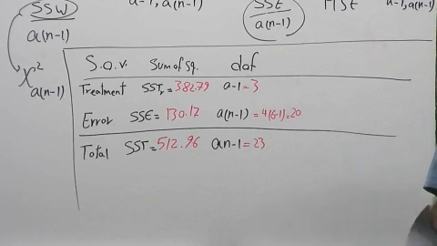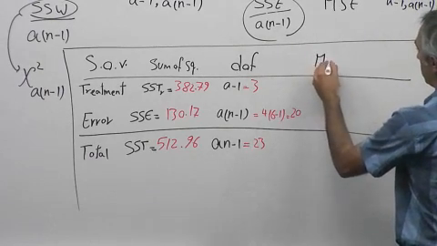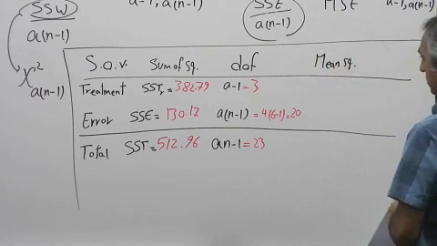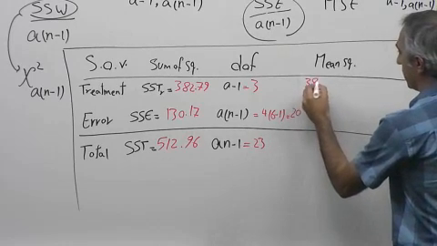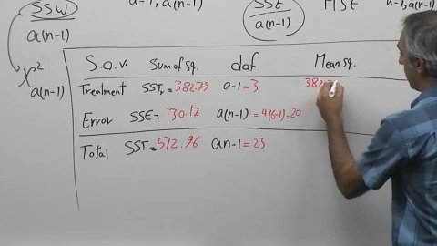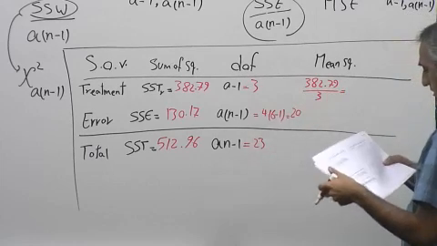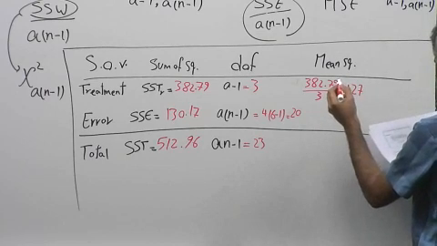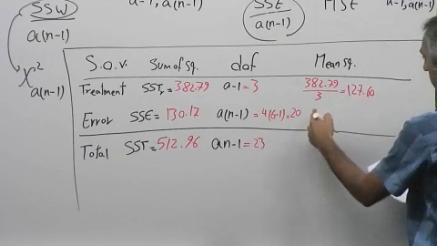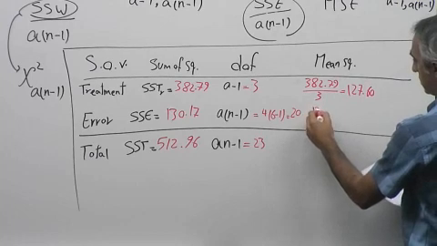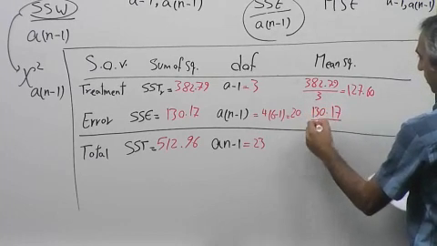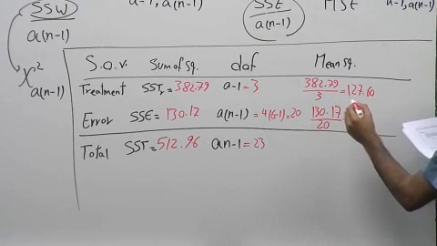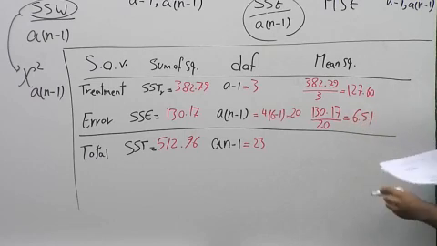So how about mean square? Mean square of treatment is 382.79 divided by 3, which is 127.60. And for error it is 130.17 divided by 20, which is 6.51.